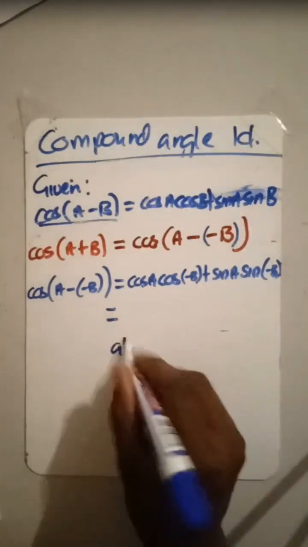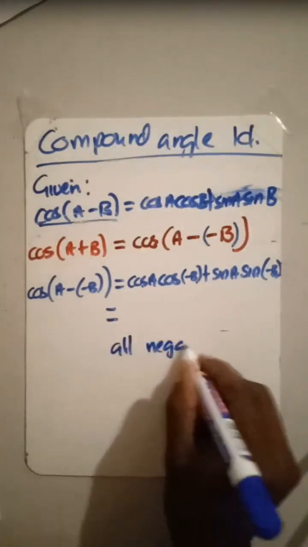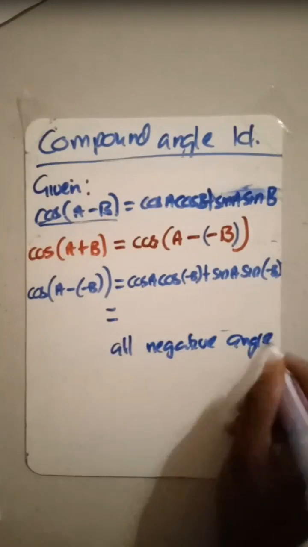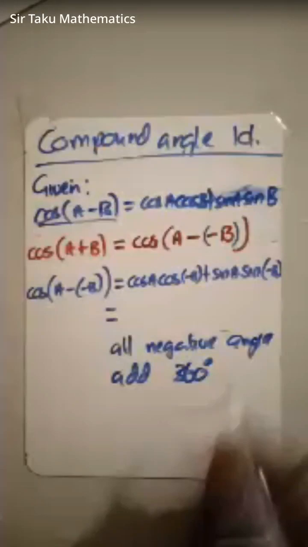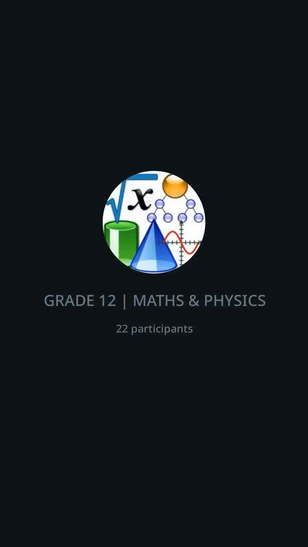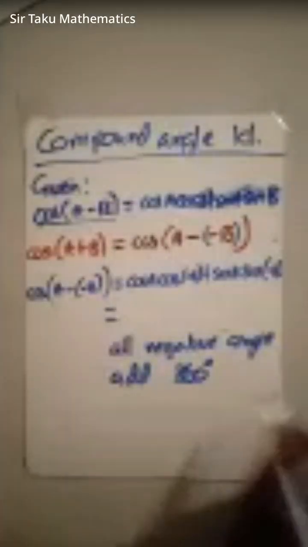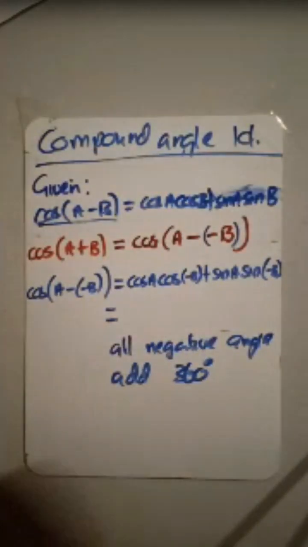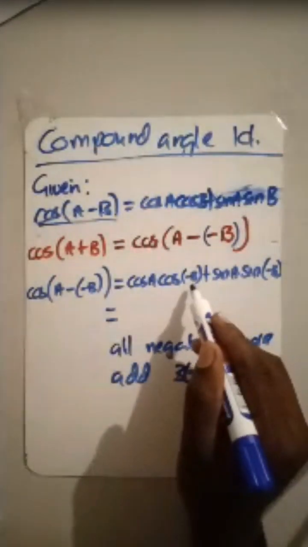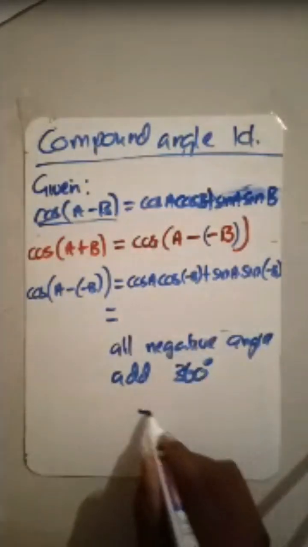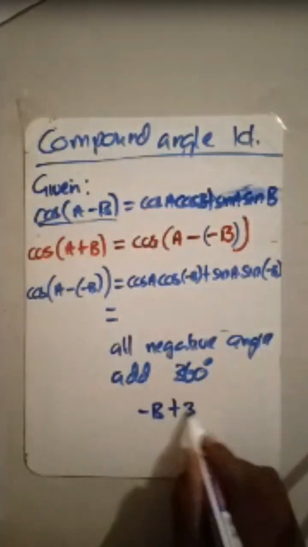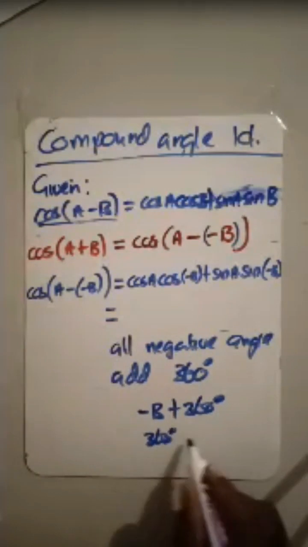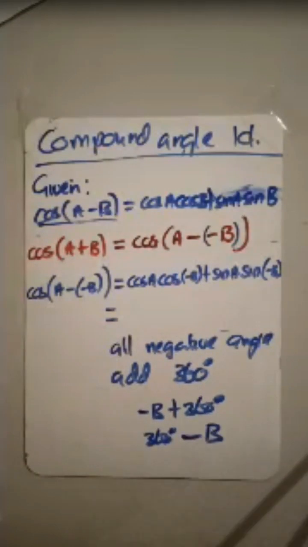All negative angles add 360 degrees, so that you can understand which quadrant it is in. So if we add 360 degrees to negative B, we are going to get negative B plus 360 degrees, which is the same as 360 degrees minus B, right?